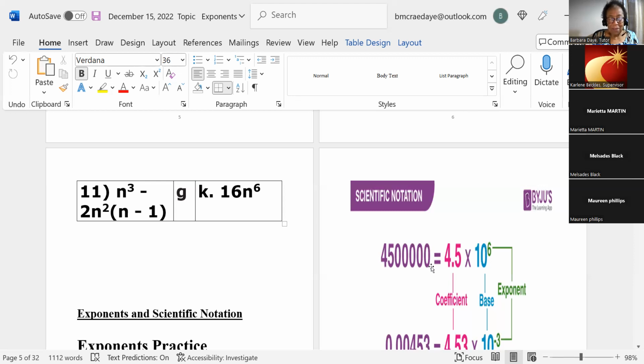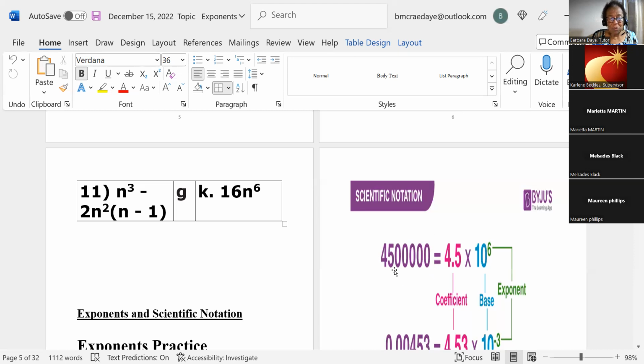4,500,000. Now, in scientific notation, you put a decimal point between two numbers, but that number has to be less than 10. And then the number of places you shift the decimal point will be equal to the power. So your decimal point is behind this last zero.